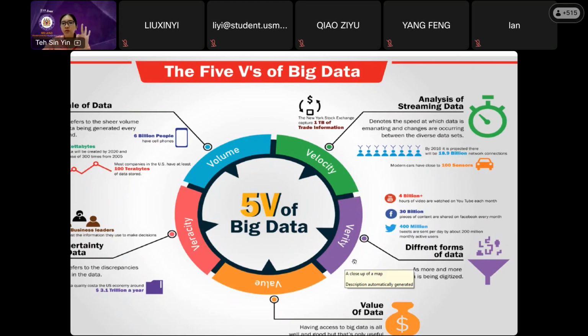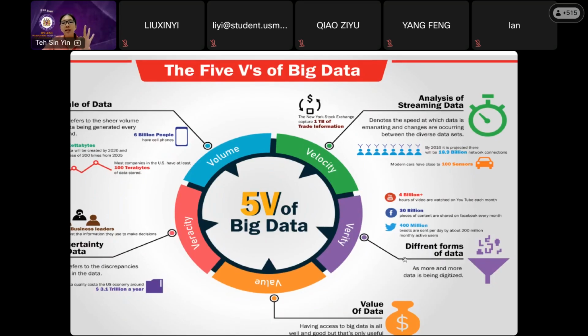The third V is variety. What is the meaning of variety? Variety means different forms of data. For example, when you post on Facebook or on Xiaohongshu, maybe you just post a photo. Some of you may post in terms of text.